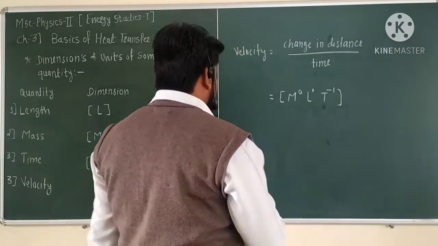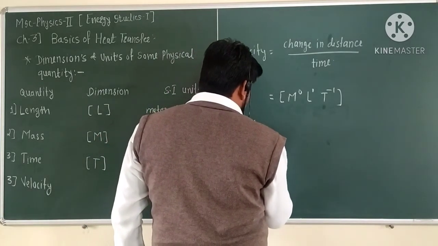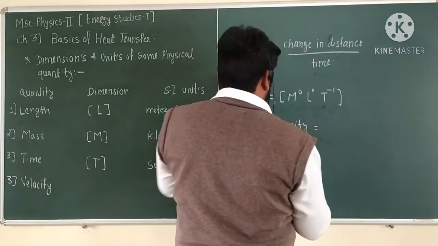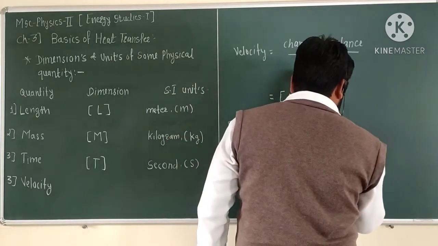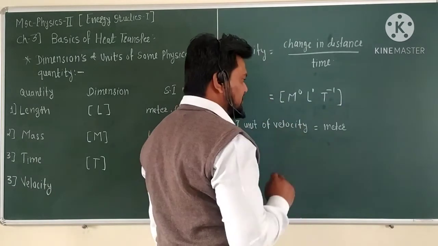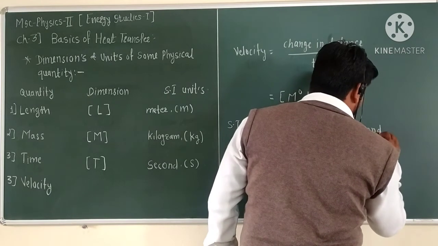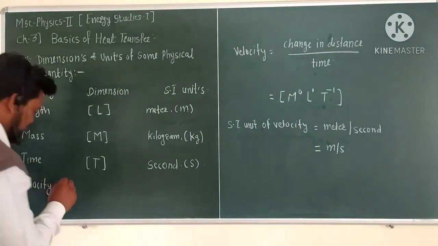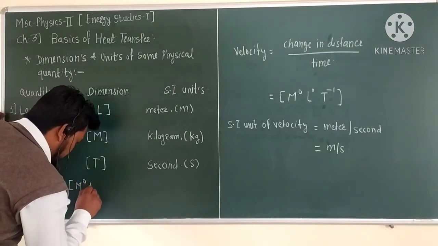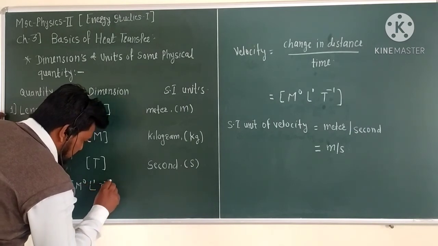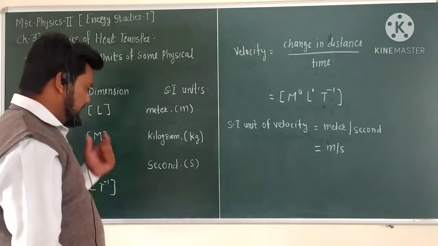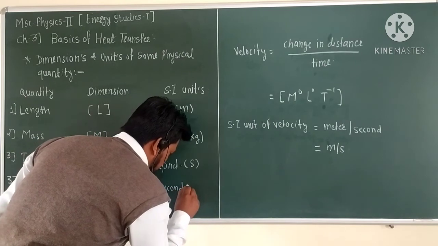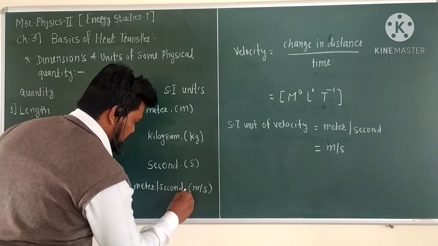So this is the dimension of velocity. The SI unit of velocity is the length unit, meter, and with T inverse the unit second, so it is meter per second, which is simply written as m/s. The dimension of velocity is M power 0, L power 1, T power minus 1, and its unit is meter per second.